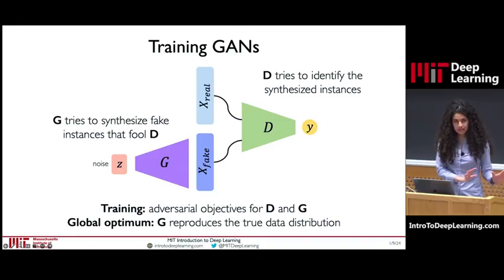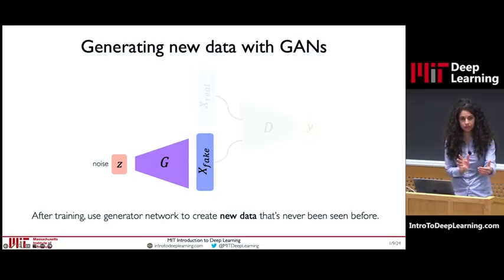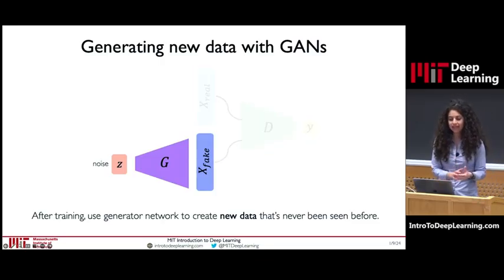So at the end, let's say we've trained our GAN model. Now what do we do with it? Well, to actually use the GAN to generate new instances, all we have to do is go back to the generator component of the model and now start with points in that noise distribution, pass them through the generator and sample to create new data instances.